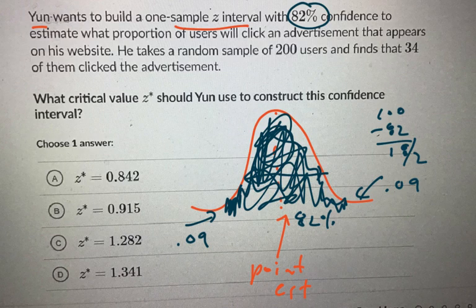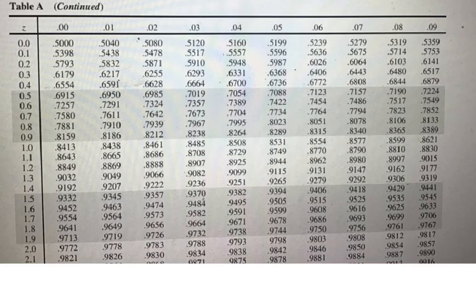Now, the reason why this is important is because if they give you an odd, unusual confidence level, in this case 82% versus the typical 90, 95, 99%, we can't just look at the bottom of the t-table. We're actually going to go to table A. That's our Z table.